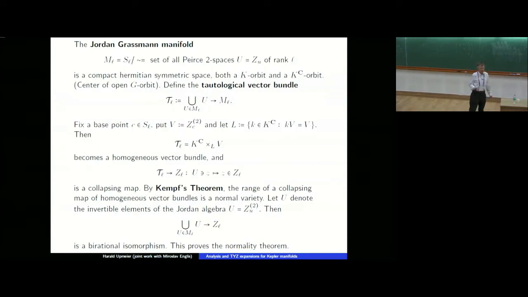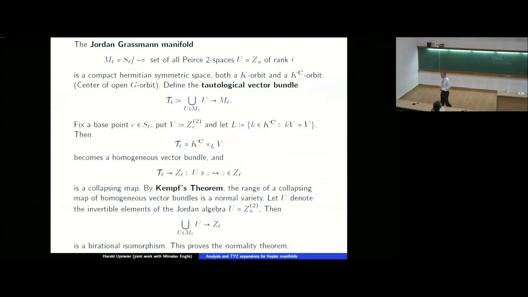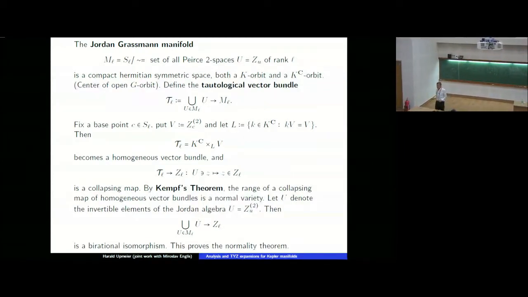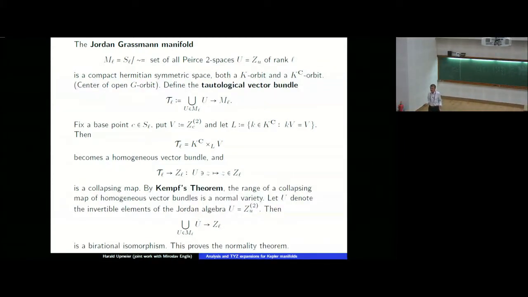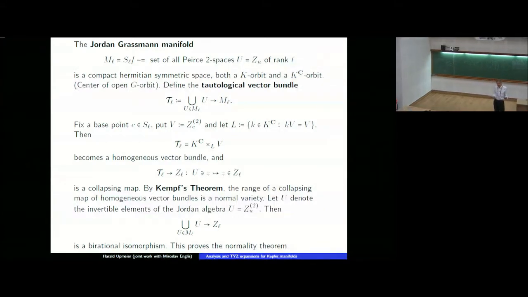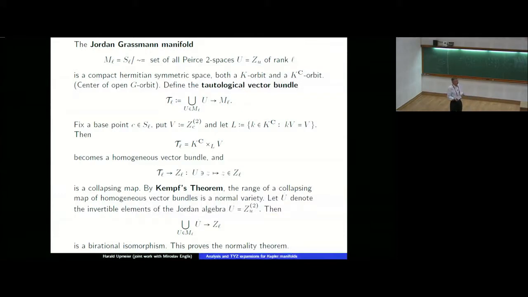So now we prove the normality theorem. We have all our ingredients, and all the work has been done by George Kempf. Namely, we all know the Grassmannian. It turns out that the Grassmannian and flag manifolds make sense way beyond linear algebra, namely for these Jordan triples.